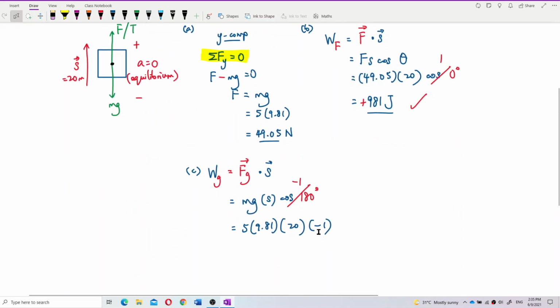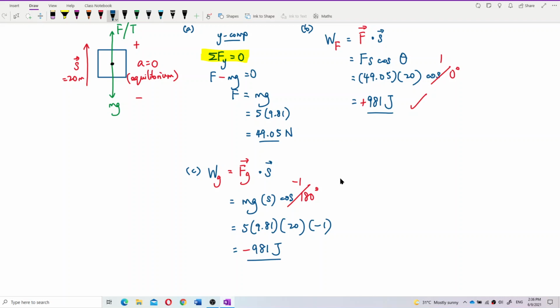So what's the answer? 5 times 9.81 times 20 times -1. So it's negative 981 joule.